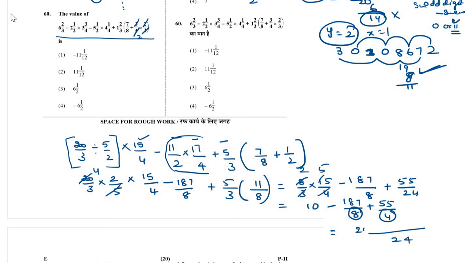So 240, and then multiply with 24 means 4 times, multiply 4 times, you will get 561. And then here 8 times, 55 by 24 already is there, no need to multiply anything. 55. So the same sign you have to add, and subtract this number. So it is the greater one, so you have to subtract it.